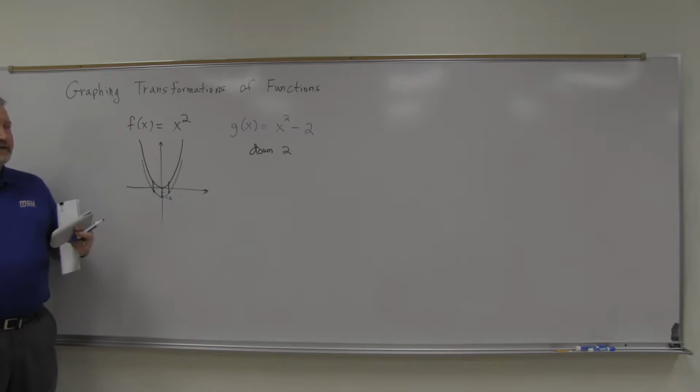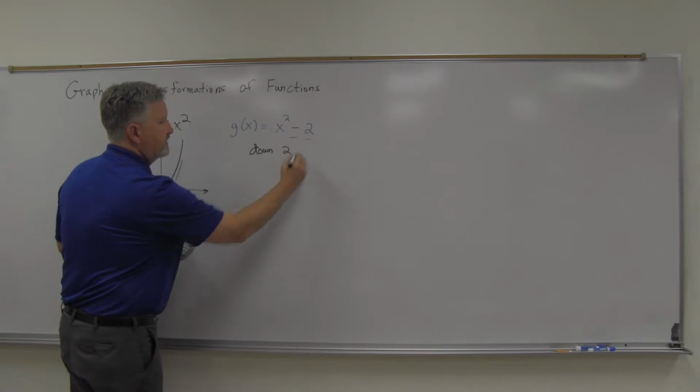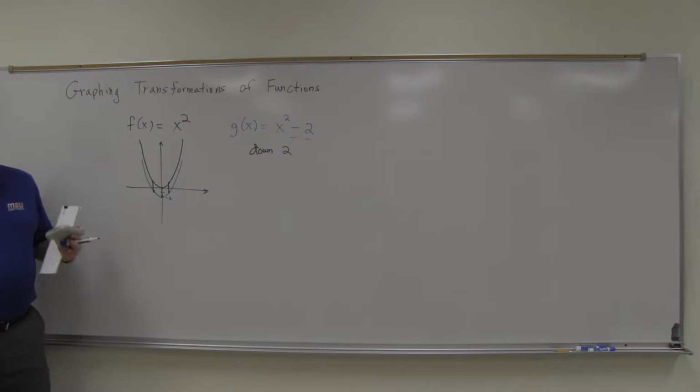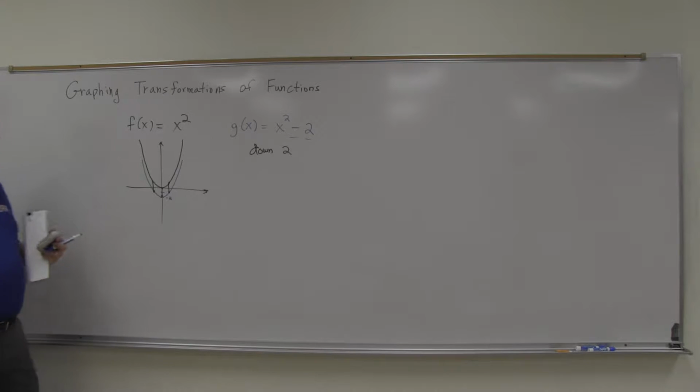If we tack something on the end, plus or minus something, that's going to shift the graph either up or down. Minus 2 makes it go down. Plus 3 would make it go up 3. So that's a very easy transformation.